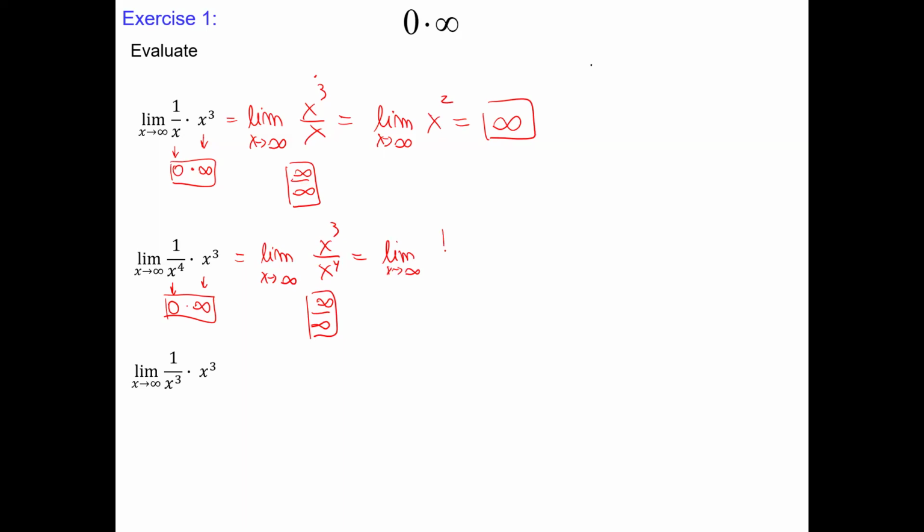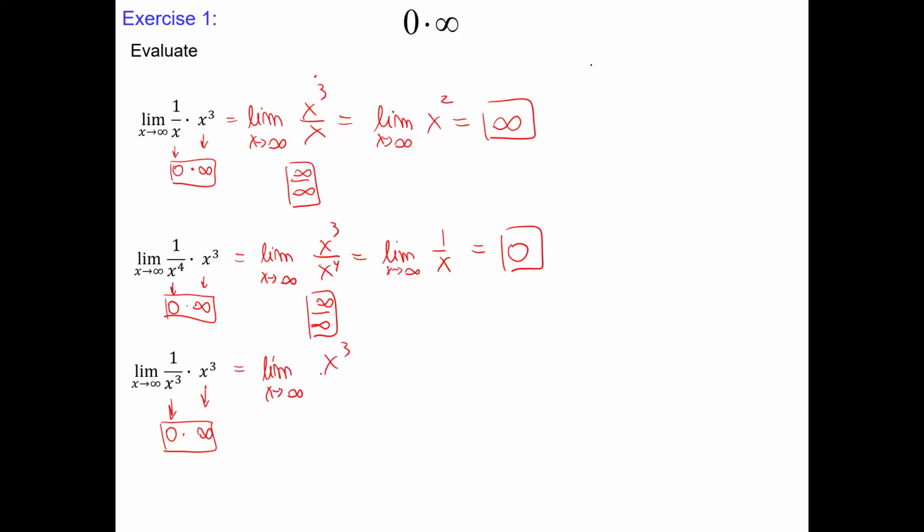When we simplify, it's 1 over x. Hyperbola 1 over x at infinity goes to 0. Or we can think 1 over a big number, small number. And the last one, 1 over a big number is a small number, x cubed goes to infinity, at infinity.